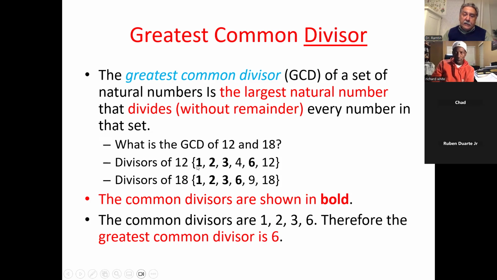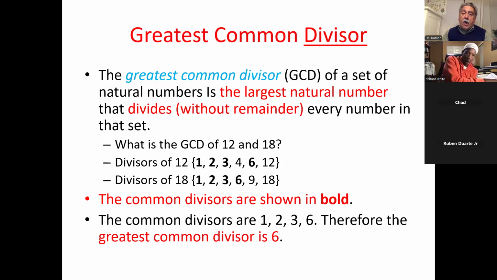Well, if you write 12 as a set, what are the numbers that are divisors of 12? You can have 1, 2, 3, 4, 6, and 12. 12 can be divided by these numbers, and there's no remainder. 18 can be divided by these numbers, and there is no remainder.